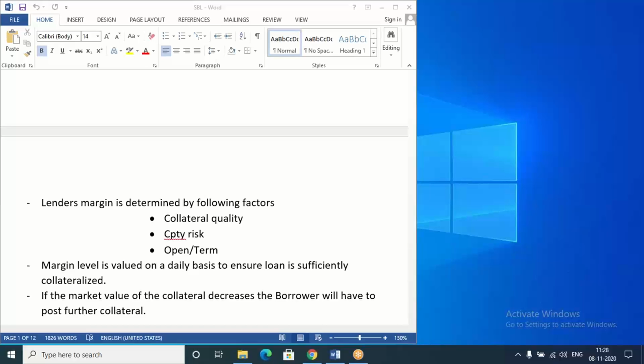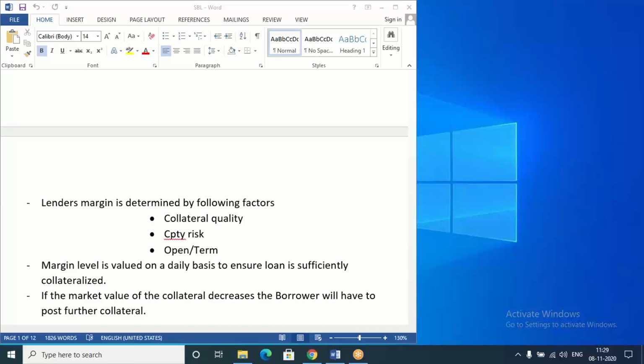Now, in case tomorrow the share price becomes, let's say, $10 per share. The collateral value was 1,200,000, right?